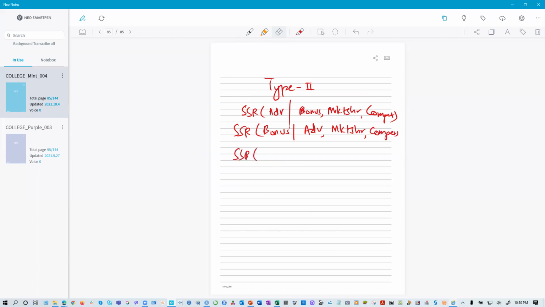Then you go to market share, one at a time, given advertising, bonus, and competition. The last one, SSR, it's going to go one at a time: compete, given advertising, bonus, and market share.